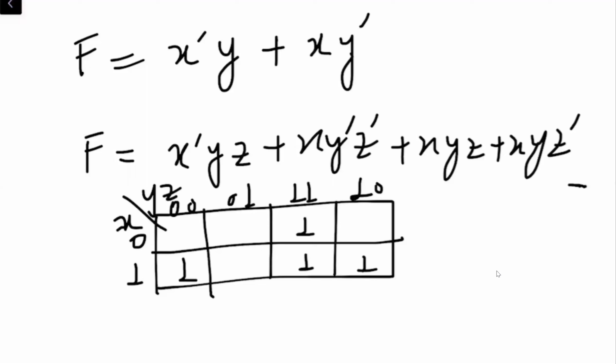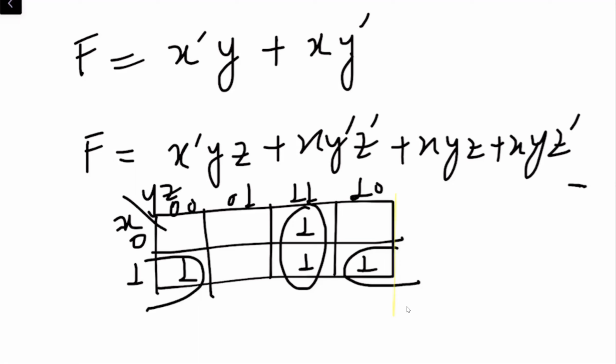Now, if you see, we can make some vertical groups and some horizontal groups. So how can we do that? If you see this one and this one, they are making a group of two, right? And again, the one over here and this one over here, we can have the horizontal group, because this edge is actually adjacent to this edge, right?